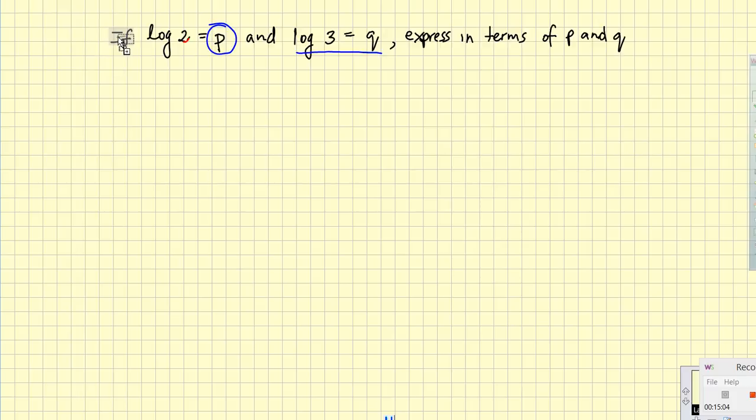Control V. Okay, and the question basically says, if log of 2, so this would be a log base 10 of 2, equals P, and log base 10 of 3 equals Q, they want us to express in terms of P and Q.